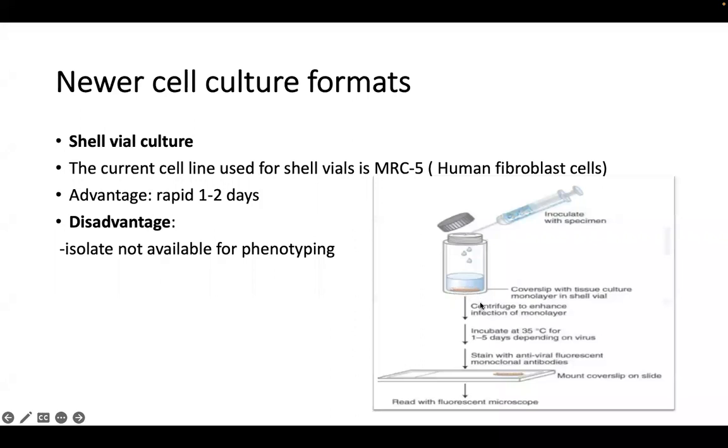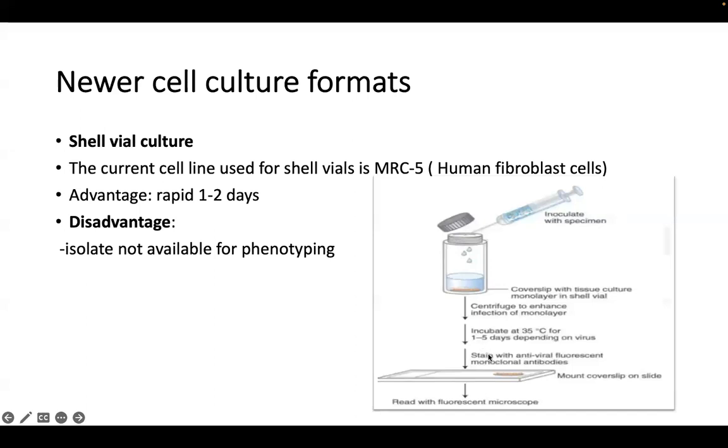Then you centrifuge at low speed to give time for the virus that is potentially in the specimen to infect the cells. And then this is incubated at 35 degrees for about 1 to 5 days, depending on the type of virus, because some viruses like CMV will take up to 5 days. Other viruses will take shorter time.